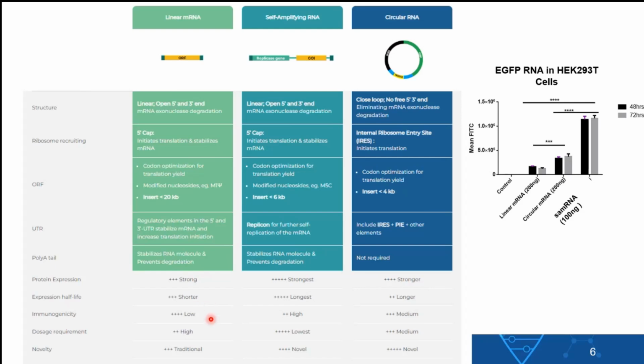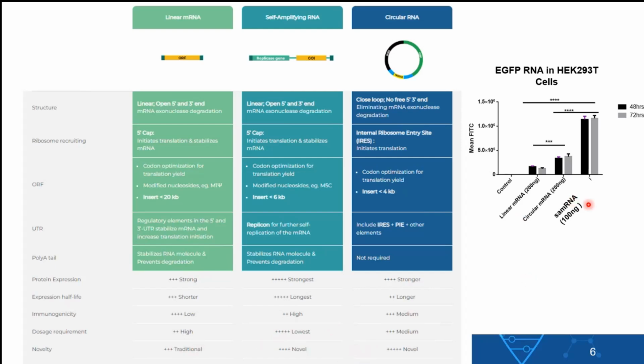And for immunogenicity, number one is saRNA, number two is circular RNA, and immunogenicity for linear mRNA is the lowest. And for dosage requirement, of course, self-amplified needs the lowest, and the second one is circular RNA. And for novelty, linear mRNA is the traditional one, and these two are the new ones.